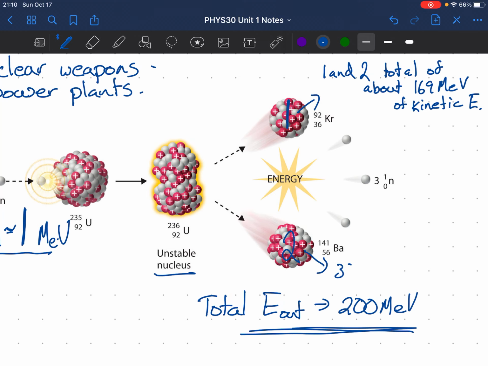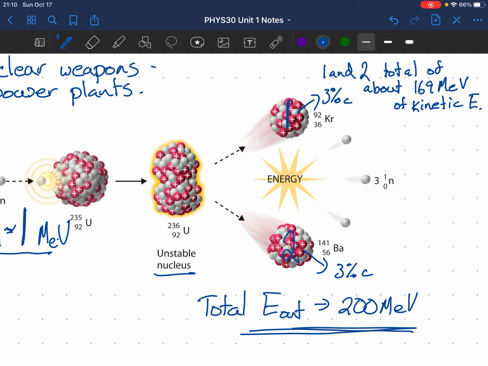Kinetic energy is energy of motion. That means they're moving. These guys move at about 3% the speed of light. That's pretty fast. So that's about 170 mega electron volts of the energy.